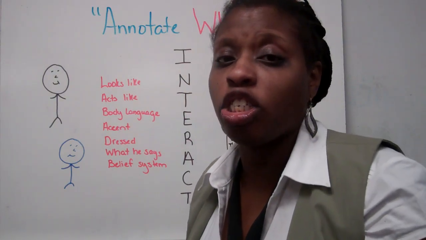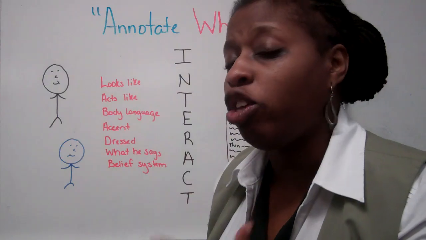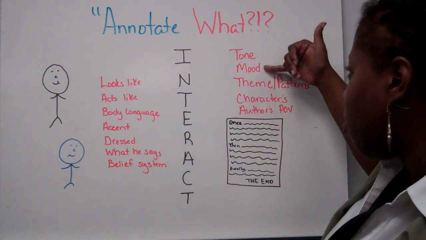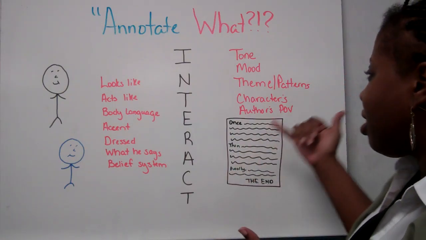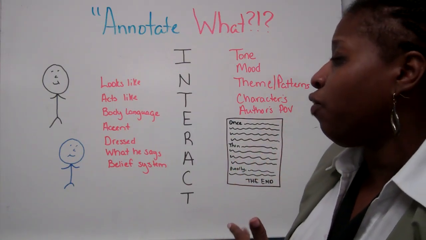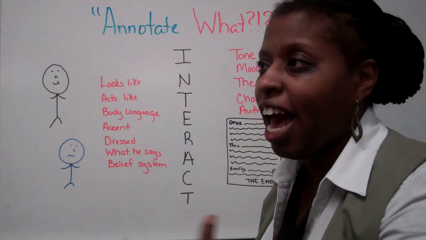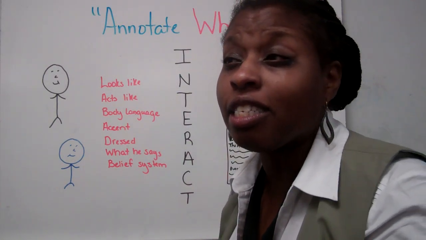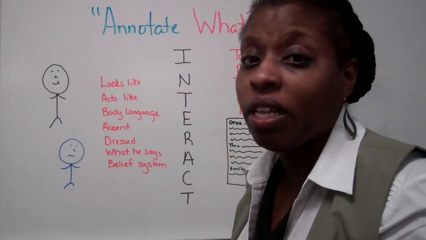And that's essentially what you do when you annotate. You are literally interacting with the text. You're looking at the tone, the mood, themes and patterns, characters, author's point of view, how you feel about the text, how you react or connect with the characters. So annotating is literally you interacting with any text.